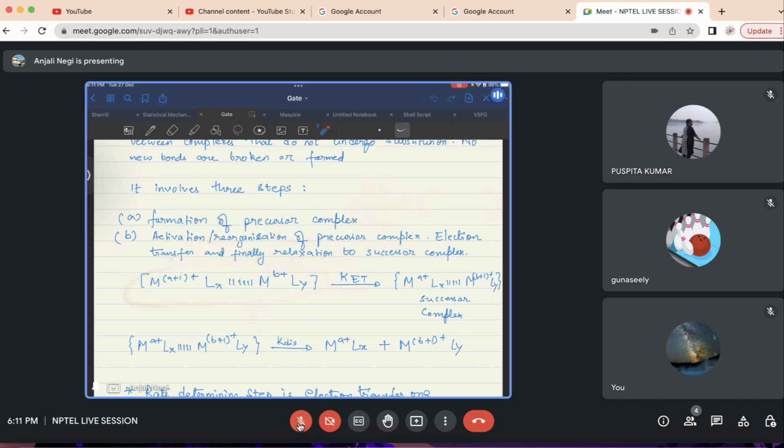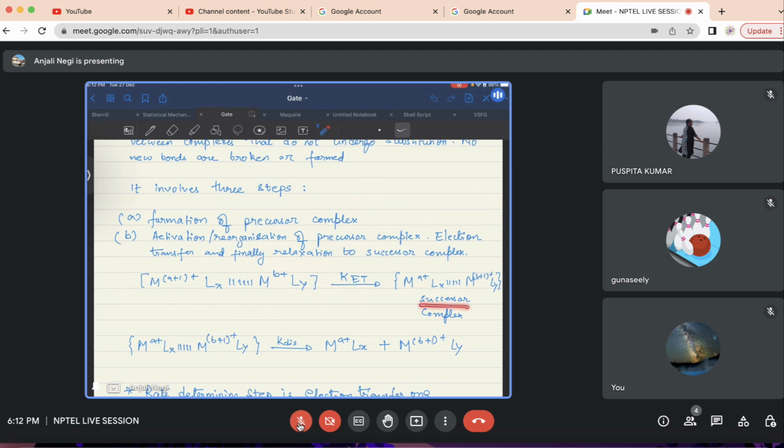In the successor complex you can note that the electron transfer has already occurred. You can see here only A plus charge is there, whereas earlier it was A plus 1 charge, and here we had B plus earlier, but now we have B plus 1 charge. So this metal got oxidized and that metal got reduced. It must have got the electron from this metal.